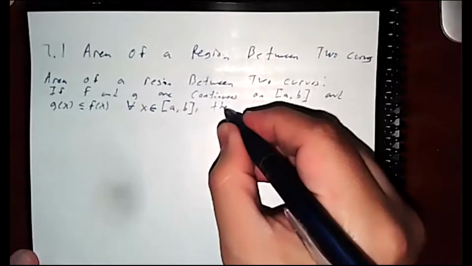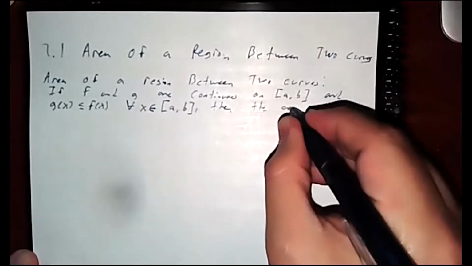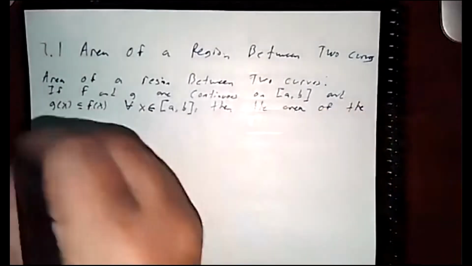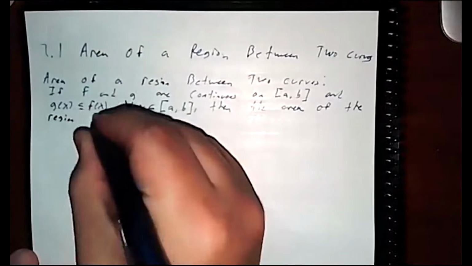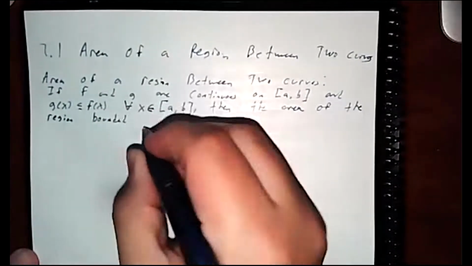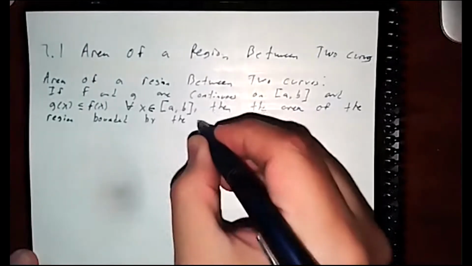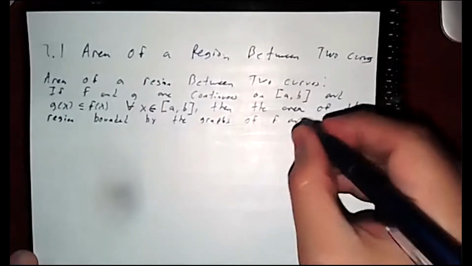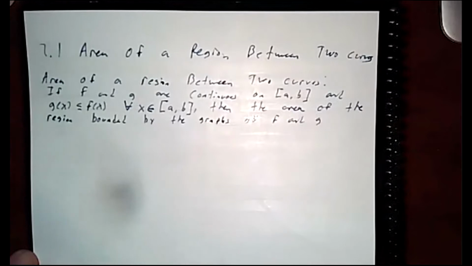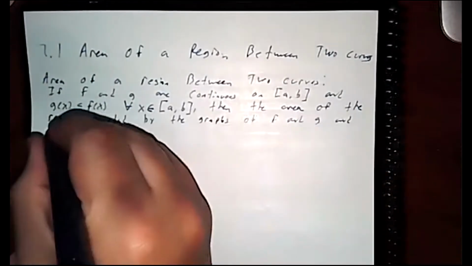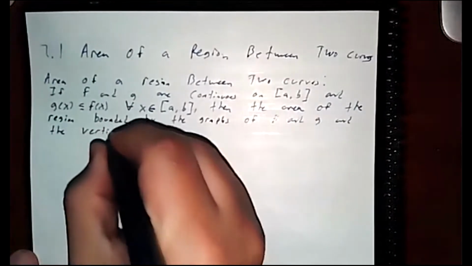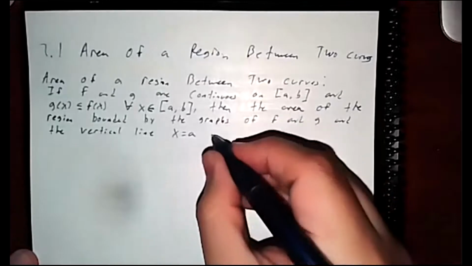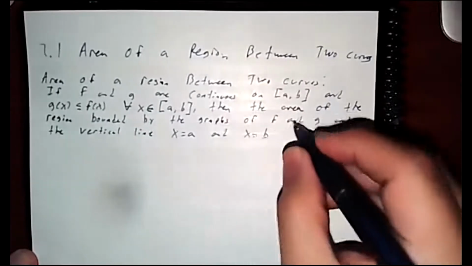Then the area of the region bounded by the graphs of f and g, and the vertical lines x equals a and x equals b is going to be the following.